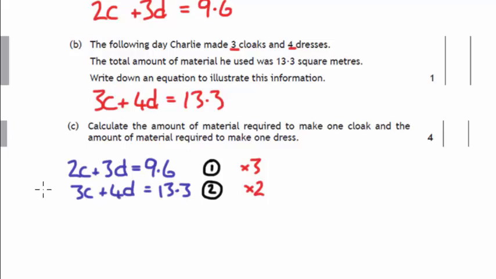Okay, so what we've then got, I'll change my colour, is 6C. 3 times 3 is 9, and it's D. And 9.6 times 3, so I'm just going to do that here. 9.6 times 3: 3 times 6 is 18. 3 times 9 is 27, plus a 1 is 28.